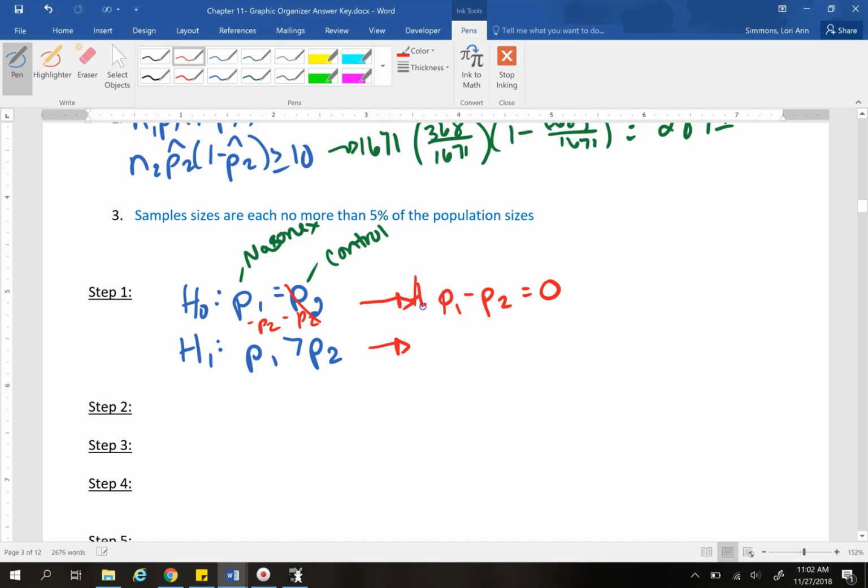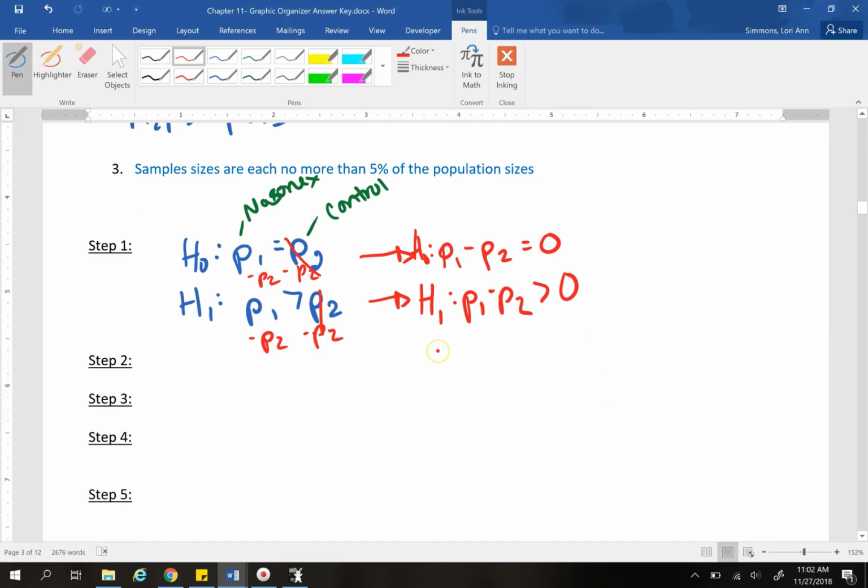That would be your null, and your alternative would be P sub 1 minus P sub 2 greater than 0. So this is another way to write it. Again, P sub 1 is Nasonex. P sub 2 is your control.